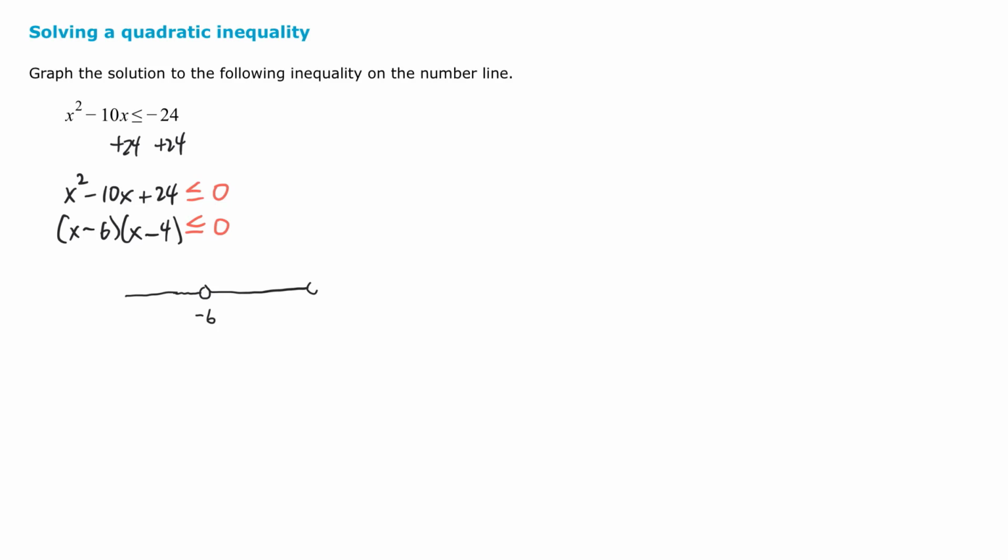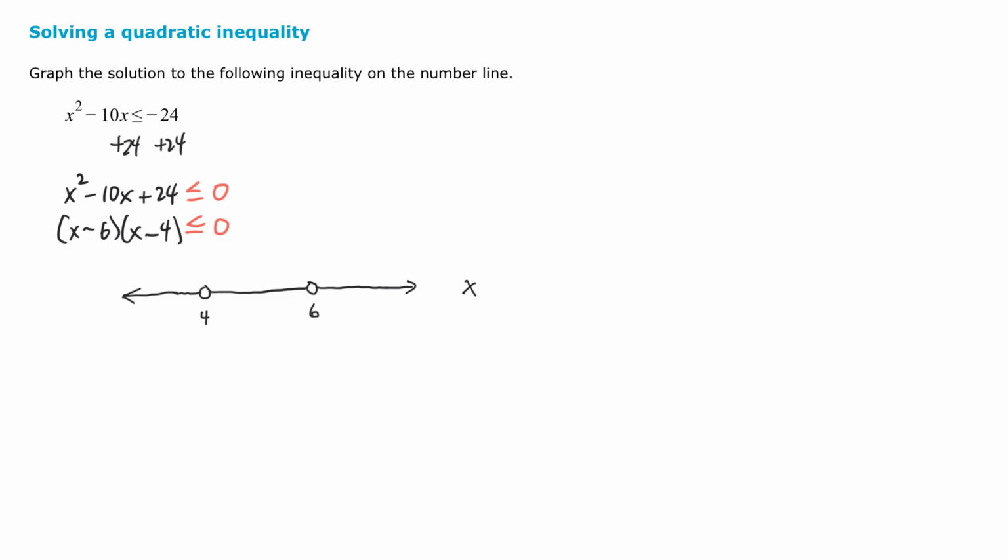And then, I'm sorry, not negative 6. That should be a 4. This should be a 4 here, and then this should be a 6. And so we're going to test around the x-intercepts on the x number line. You could even call 4 and 6 the zeros of your quadratic function.